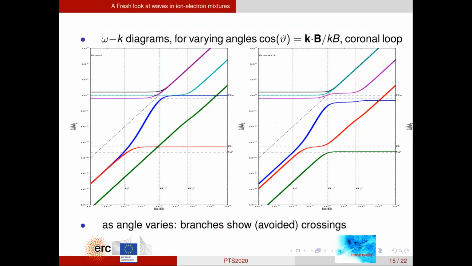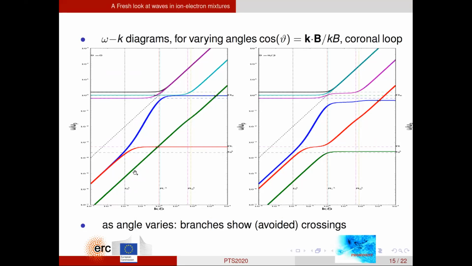Now, once you have a polynomial relation, you just call whatever software you like to plot the zeros of it. And here are, for instance, 2 cases where the only thing that differs from the left to the right is the angle between the wave vector and the magnetic field.